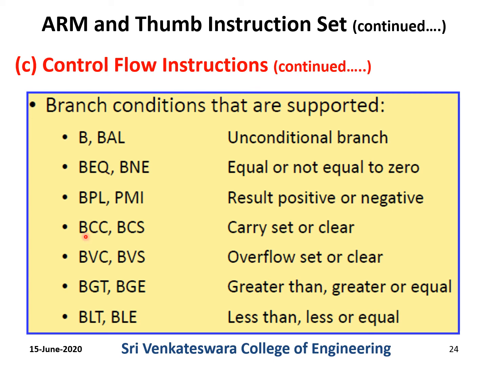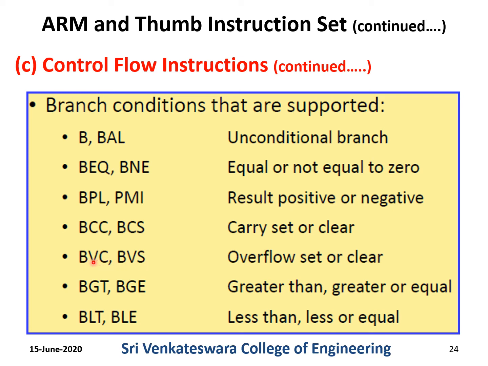Now BCC stands for branch if carry clear, and BCS stands for branch if carry is set. CC for carry clear and CS for carry set. The next instructions, BVC and BVS, check the overflow flag.